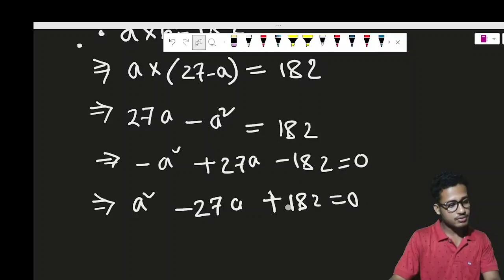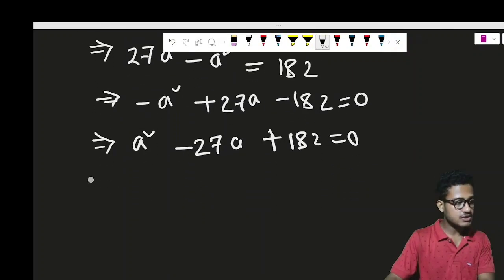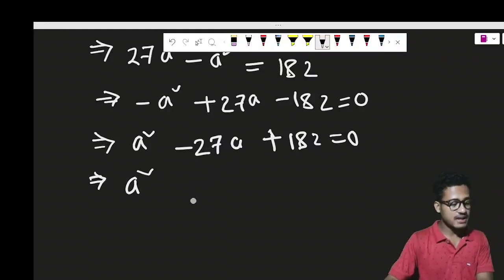Now what we will do? a square minus 27a plus 182 is equal to 0.